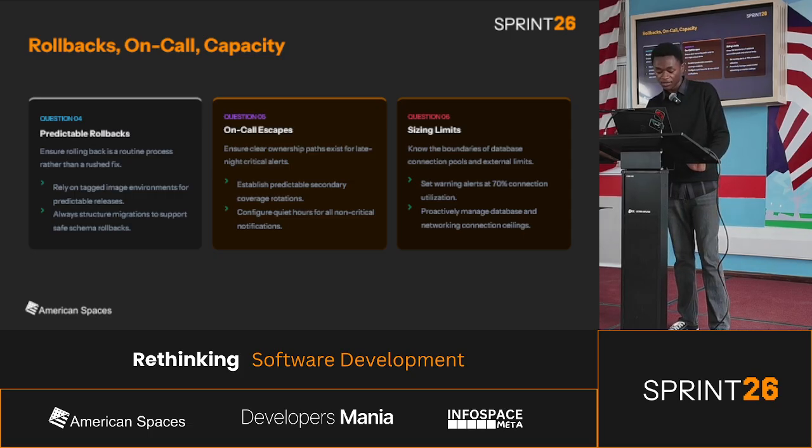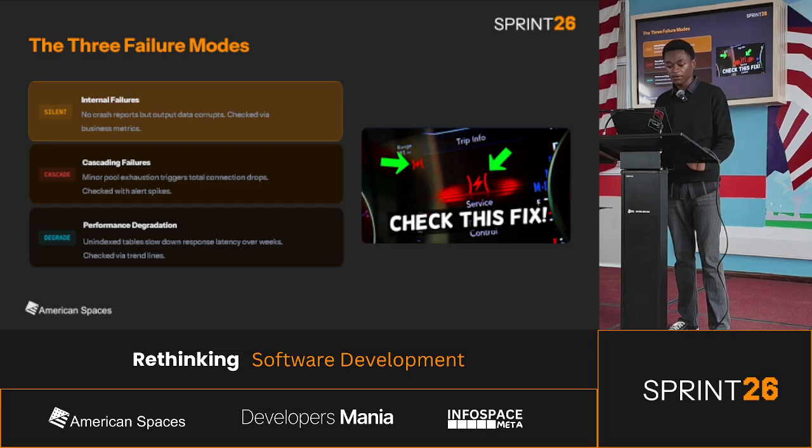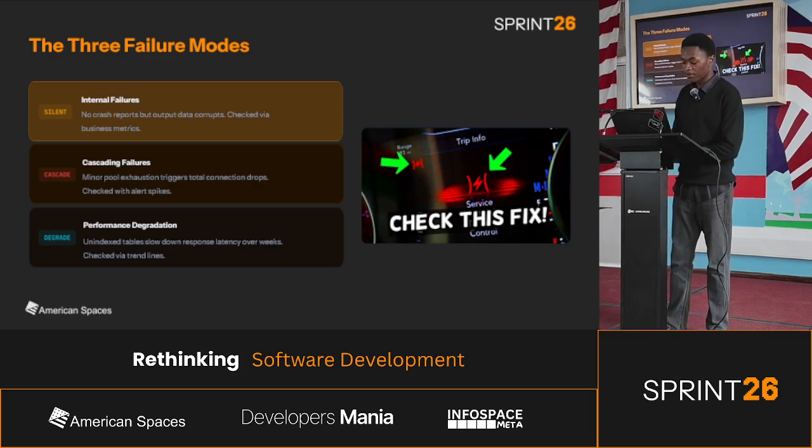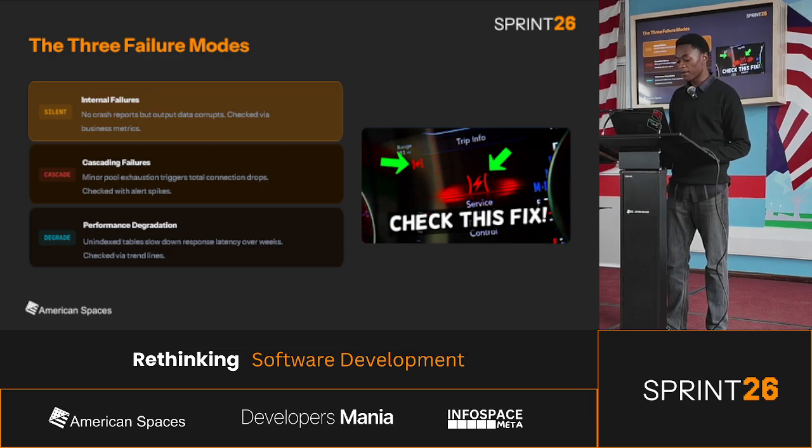So the key message here is recovery speed determines confidence in releasing software. We have 3 failure modes. We have the silent, which is internal failures. This is where nothing errors. You get no alerts, but the outcome is wrong and nobody notices. For example, in Z2, the M-Pesa callback URL silently changes.